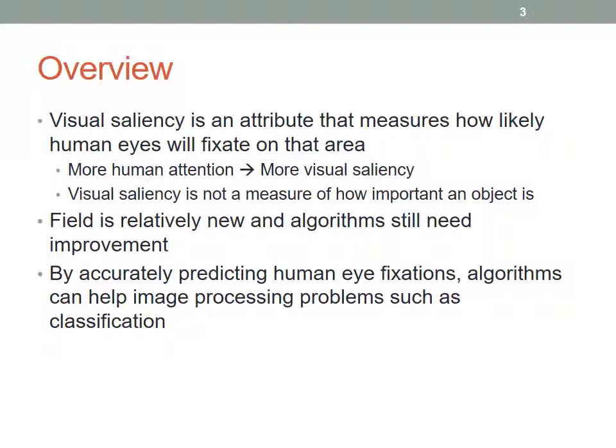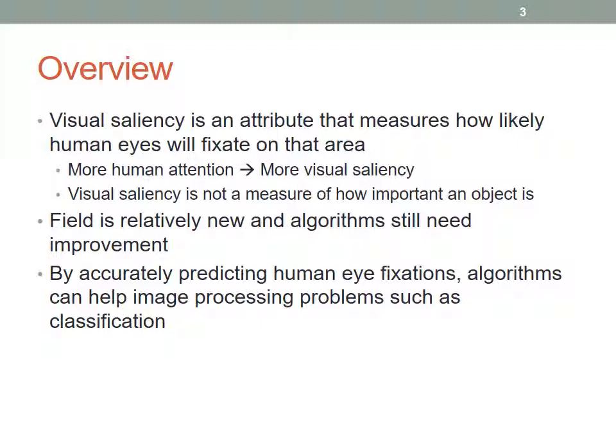It's the attention factor of an image, so things with bright colors in a dull environment, things that are moving, weird objects, might have high visual saliency. It should be noted that visual saliency is not a measure of how important something is, but a measure of how likely a human is to look at it.